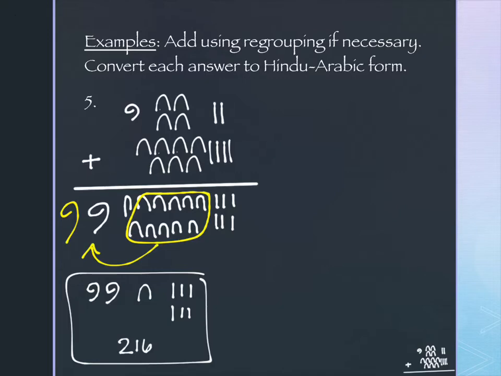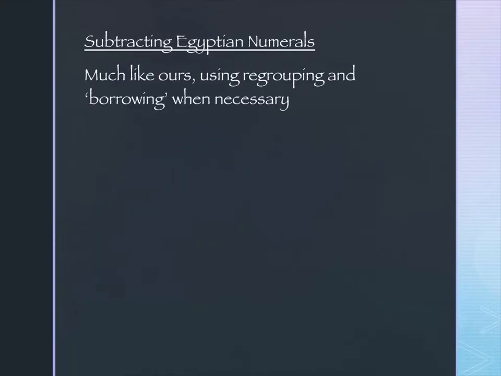Okay? All right. That's addition. We're also going to do subtraction. If addition's similar to ours, subtraction would be, and it is, much like ours. And we use regrouping, otherwise known as borrowing, when necessary.